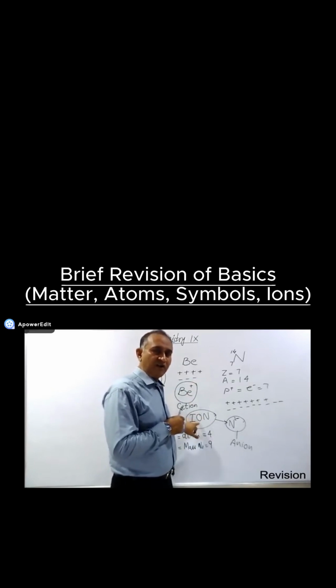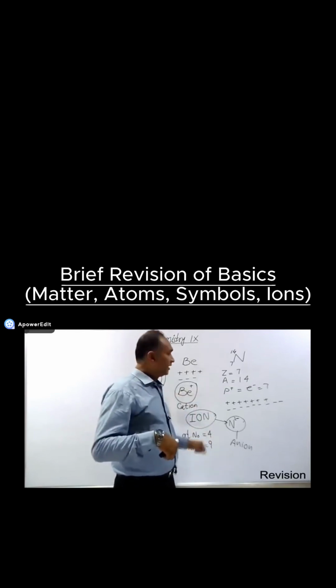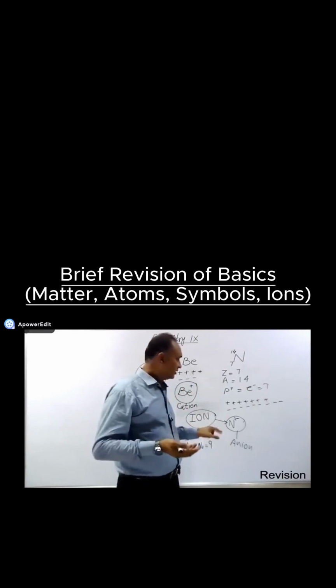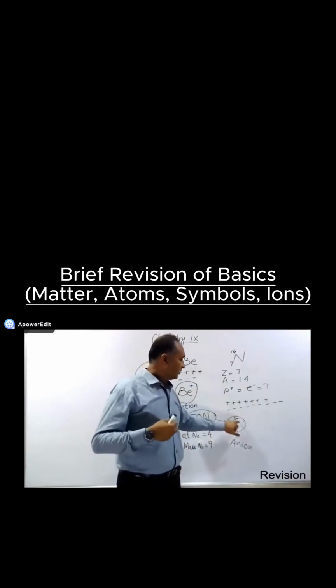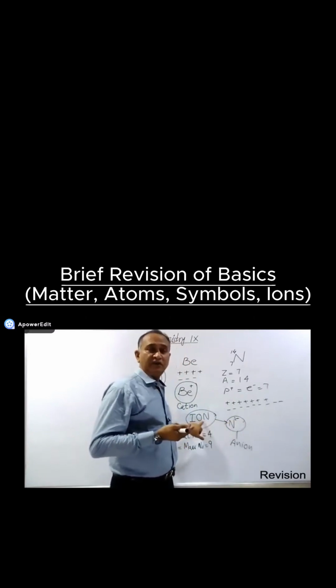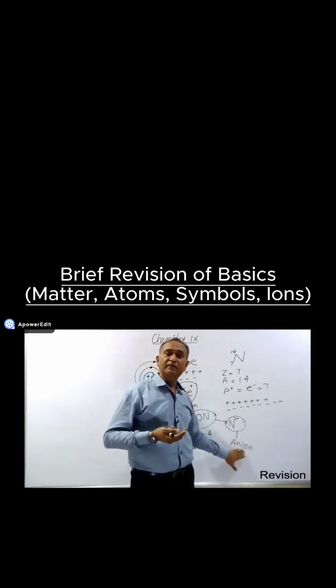A positively charged ion is called a cation. On the other hand, if an atom gains an electron, it will acquire a negative charge. Charge is there, it means it has become an ion. Negative means it will be called an anion.